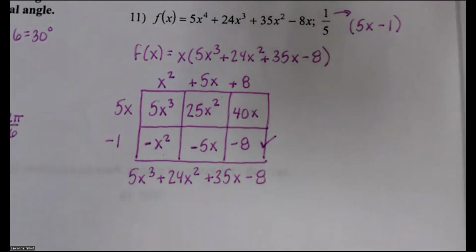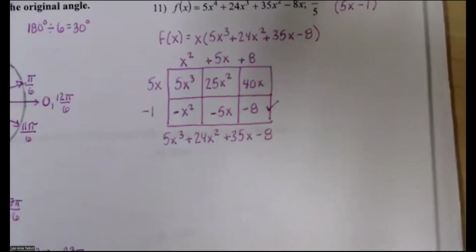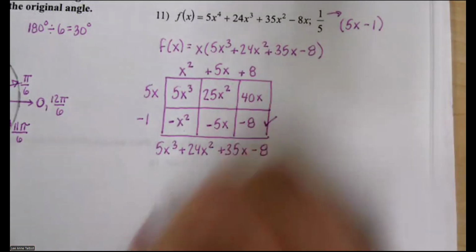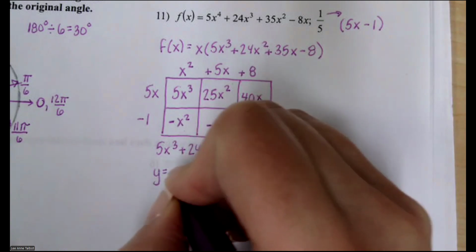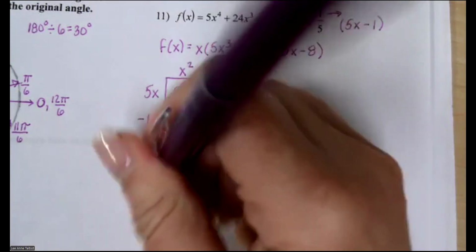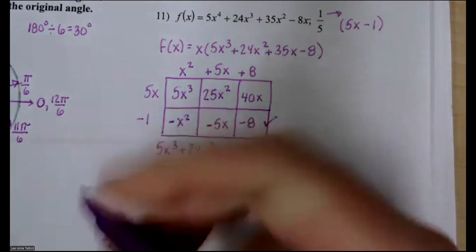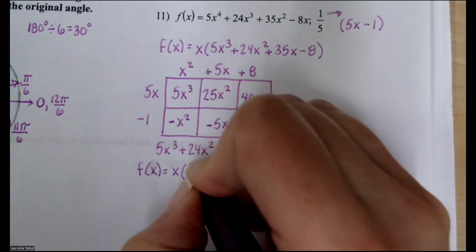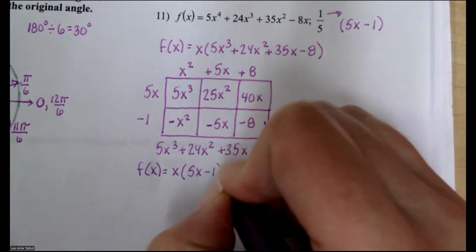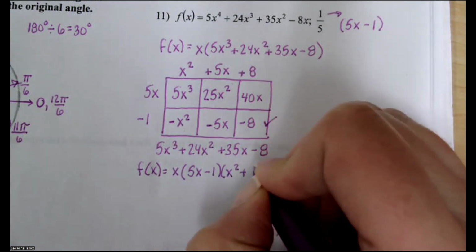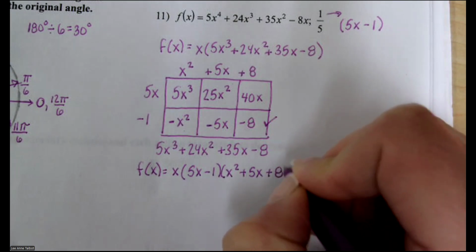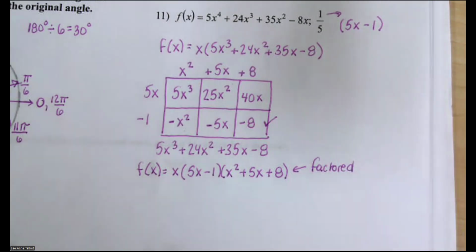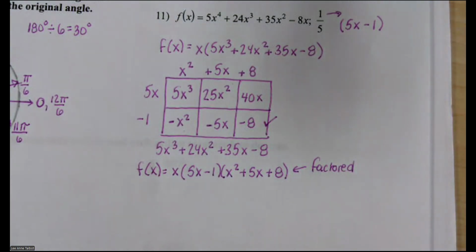Did we do it? Looking like clock one in a row. Okay, so that's as factored as that can get.